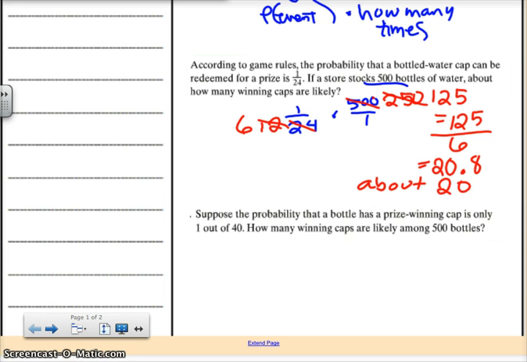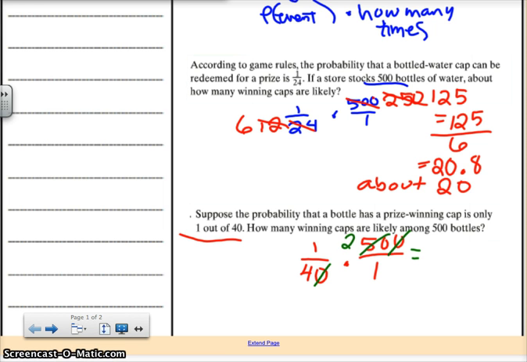Suppose that the probability that a bottle has a winning cap is only 1 out of 40. Well, if I stock 500, how many should I expect to receive? Same strategy. 1 out of 40 times 500. I love zeros, things that end in the power of 10, because I can cancel that out quick.